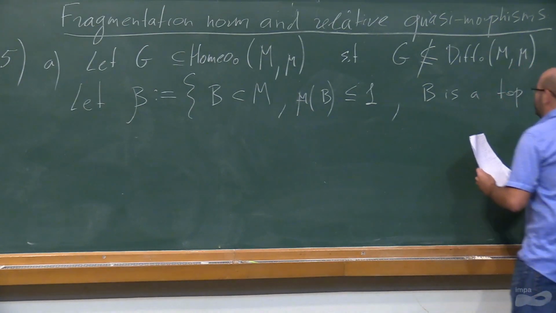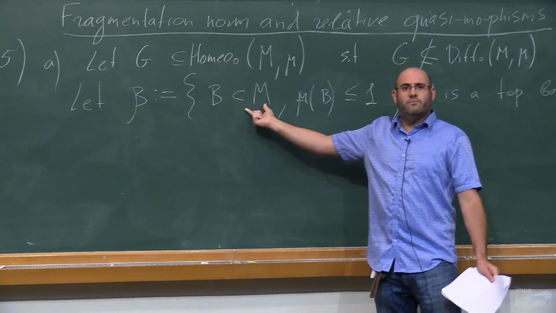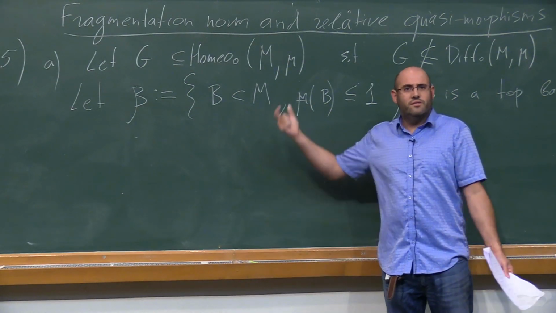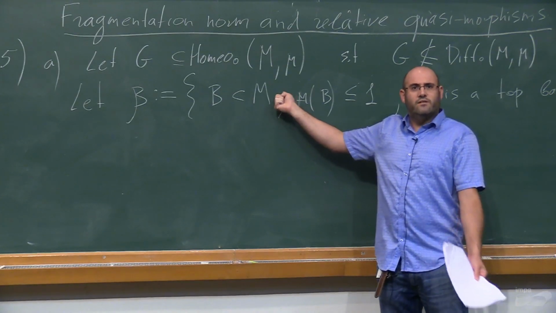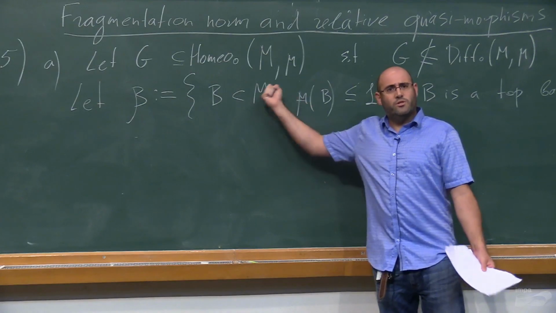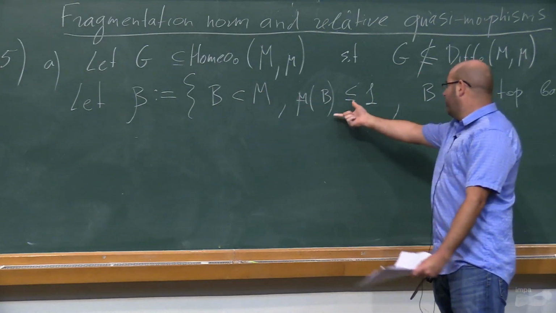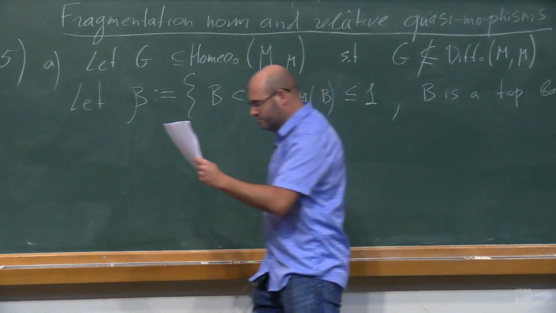More precisely, this is an embedding of a topological ball inside of M. So just take a standard ball, and this is the topological embedding of the standard ball inside of M. If M is of dimension n, this is the topological embedding of B^n. So this is a collection of all such balls of measure less than or equal to 1.